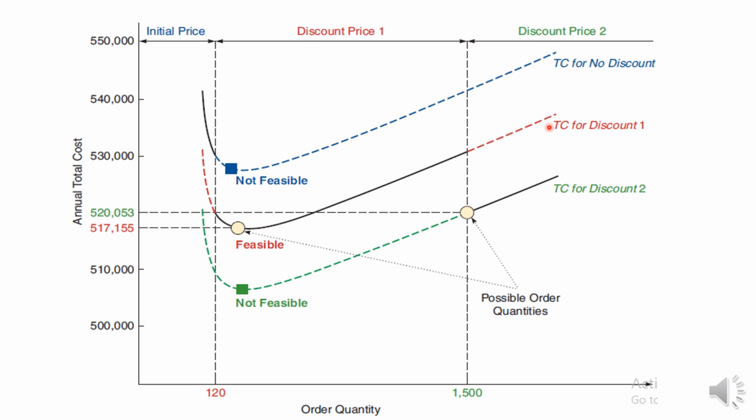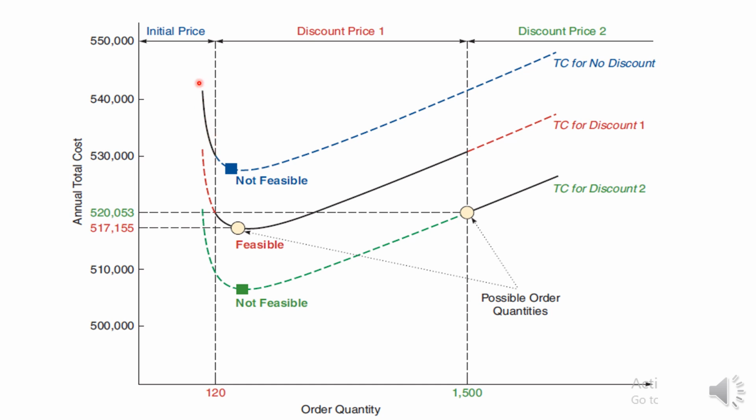The red one is the first discount we get with a particular range of quantity. This is the third discount price we have with the particular quantity. So you see, these are the three lines. Now you see the dark line, the black line, moving from here up to here.